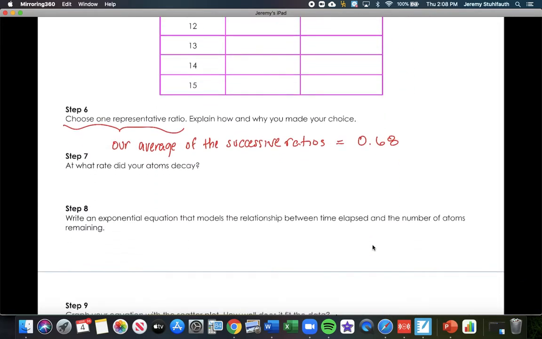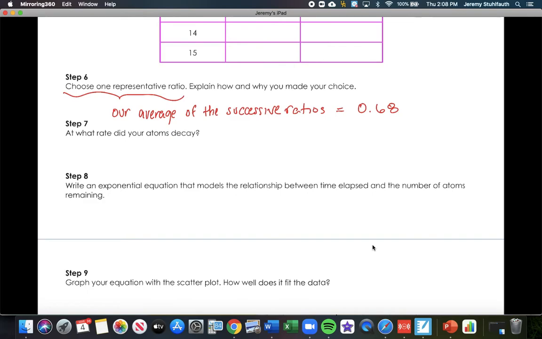So the next question is, at what rate did your atoms decay? We know that our constant multiplier is 0.68. When we want to know our rate, we want to know at what rate these atoms are disappearing.